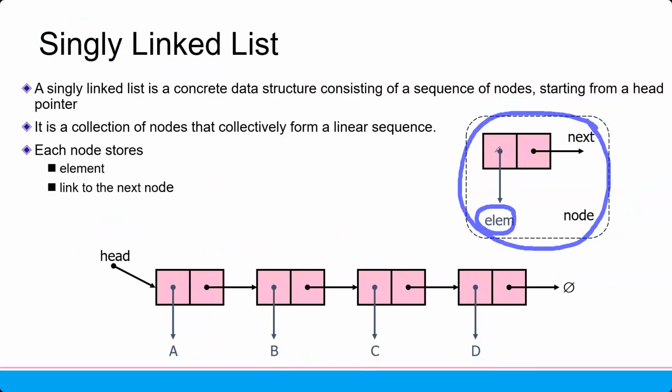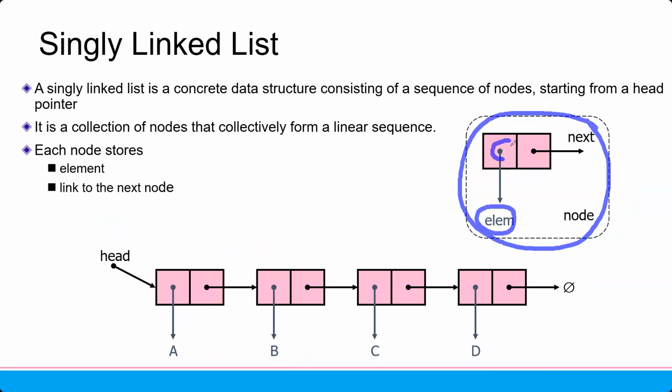Element means the object. The object can be a number, or a name. For example, in object oriented, it can be a shape, maybe a triangle or rectangle. Or if it is an animal, maybe a dog or cat. Or if it is about vehicles, maybe a sedan, bus, and so on.